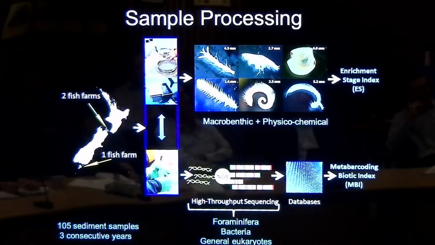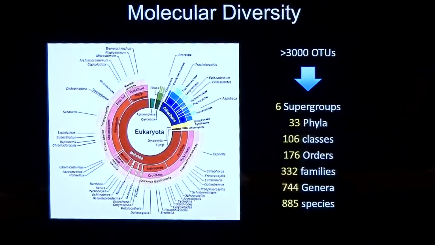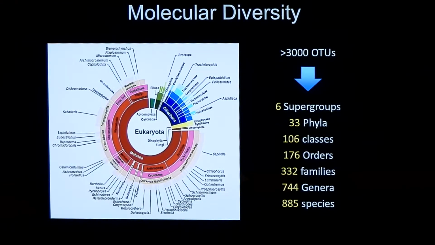This slide is simply to show you the extreme power of this technology. This is only one of the 3 groups. It's the eukaryotes, so protists, animals, and plants. Across our data set, we were able to identify over 3,000 so-called operational taxonomic units, or OTUs. In our world, this approximates the molecular species, so the species level.